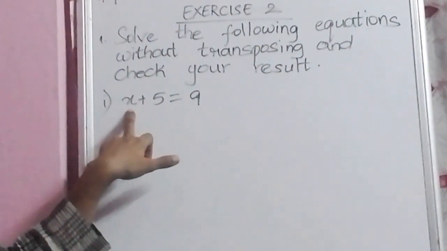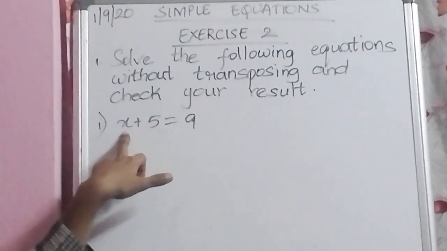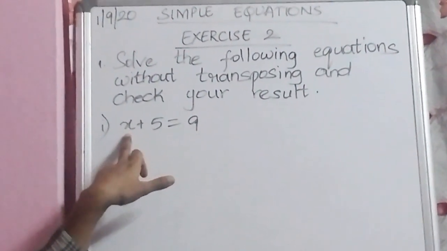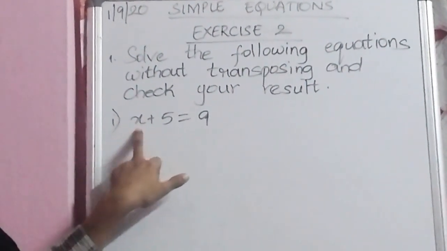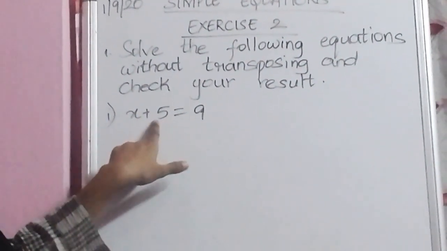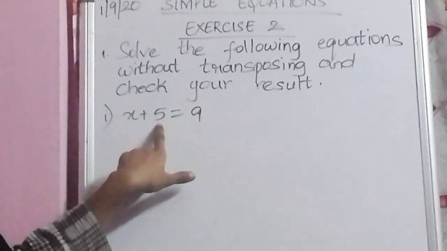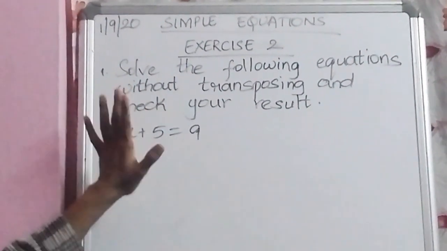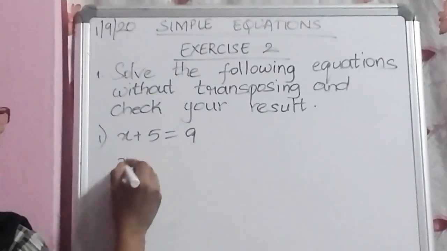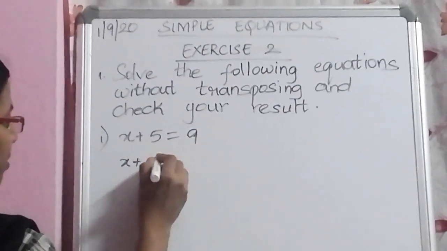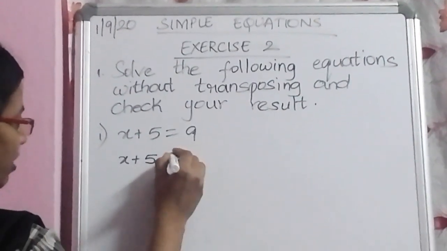The purpose of solving equations is to find out the value of the unknown, which is the variable. Now to find out the value of the variable, you should do something to this 5 so that this 5 is gone from this side. So what we are going to do is x plus 5 minus 5.